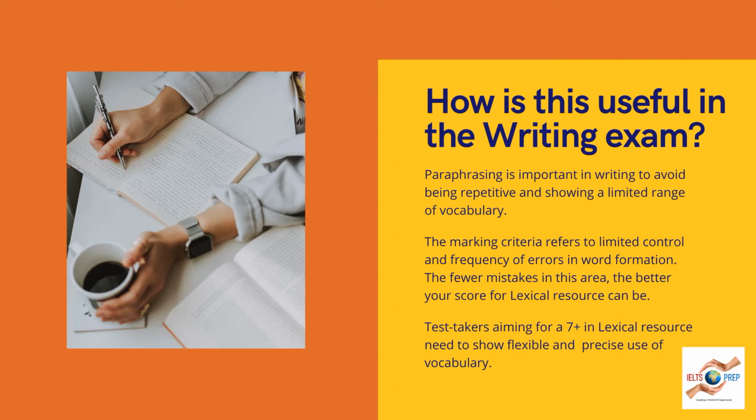So the fewer mistakes in this area, the better your score for lexical resource will be. Test takers who are aiming for a 7 and above in lexical resource really need to show flexible and precise use of vocabulary. So by using and changing the word formation, it's a really good way to show that flexibility of language.